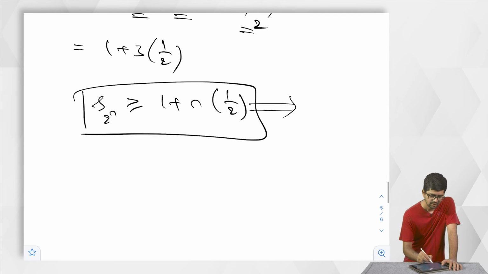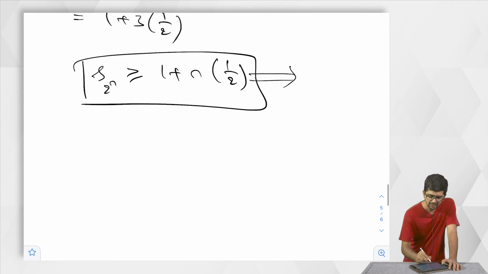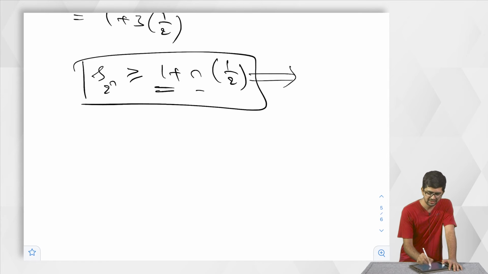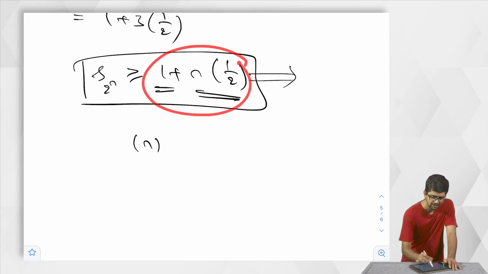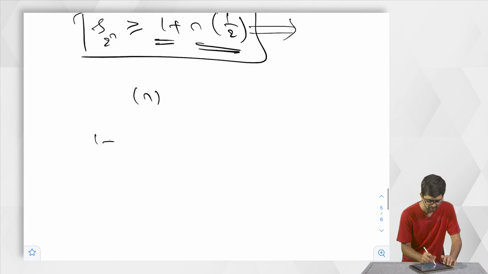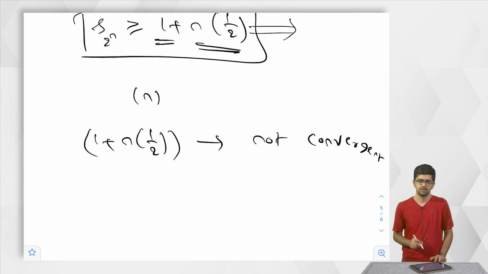So now observe this sequence, 1 plus n times 1 by 2. This is divergent, right? If it were convergent, this would mean the sequence n is convergent. So this sequence 1 plus n times 1 by 2 is not convergent, right?